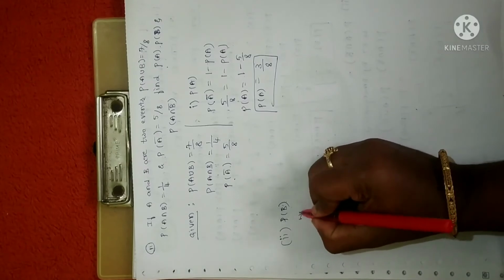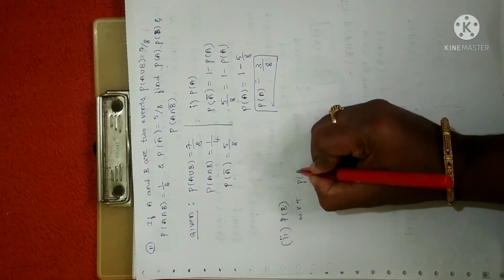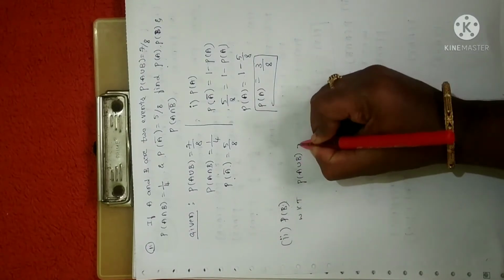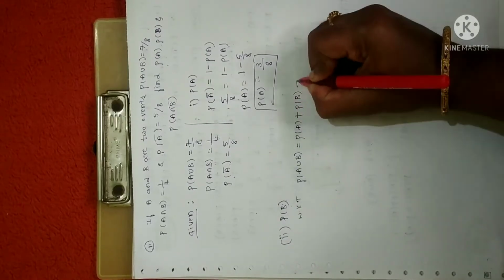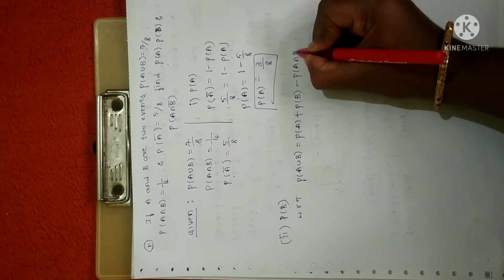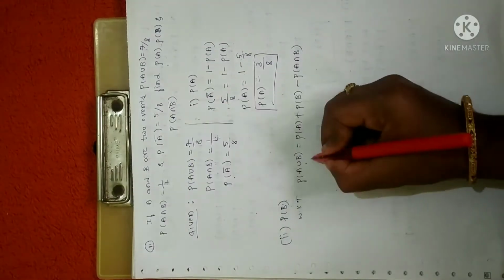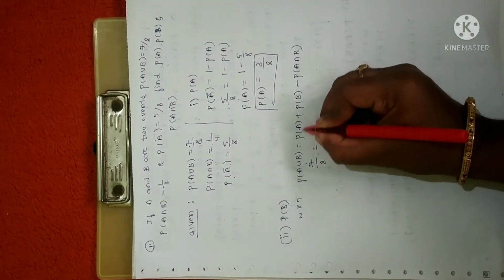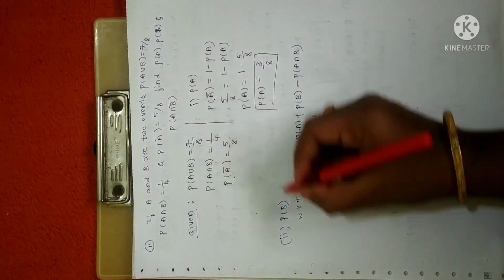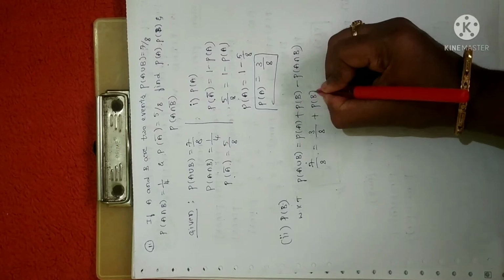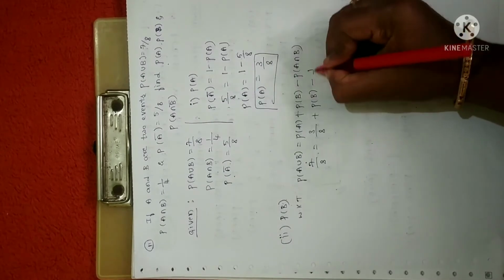So we know that the formula for connecting union and intersection is P of A union B is equal to P of A plus P of B minus P of A intersection B. Right? Now A union B is given, it is 7 by 8, which is equal to probability of A, which is 3 by 8, plus probability of B, which we have to calculate, so let me keep it as it is, minus A intersection B, which is 1 by 4.